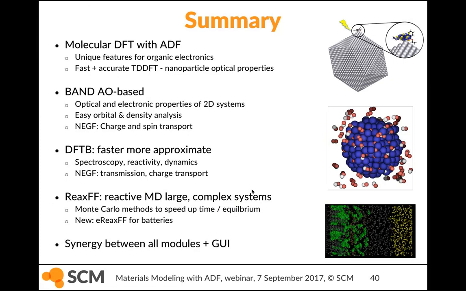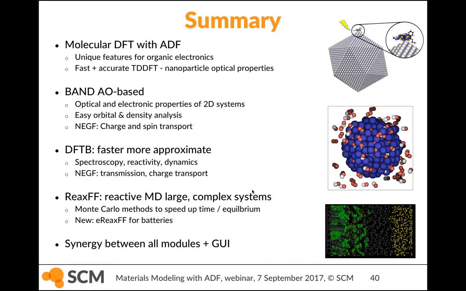So to summarize, in the beginning I spoke about using Amsterdam density functional theory, which is particularly good in spectroscopic properties and has some unique features which are useful for studying material properties for organic electronic materials, particularly OLED materials. And there are also good ways of studying optical properties of nanoparticles.